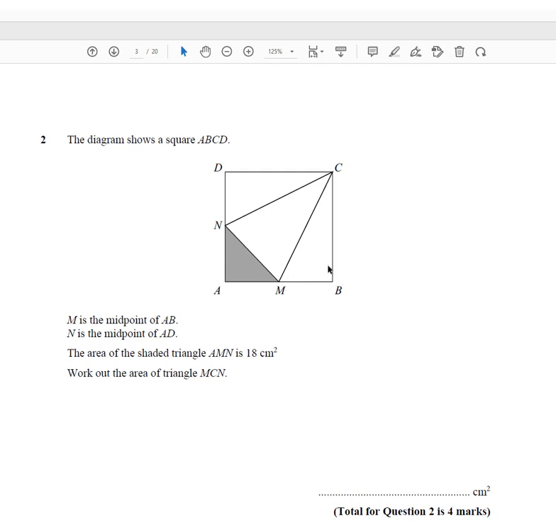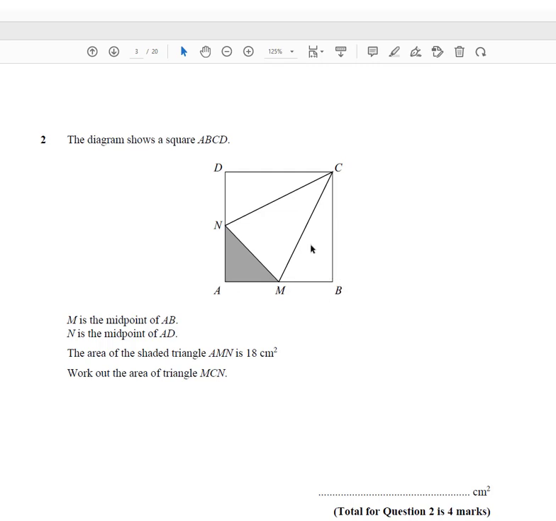Now, how many of these big triangles, this one here and this one here, which are the same, would you need to make this whole square? Here's a triangle here, put another one there, and so on. So how many of these triangles would make the whole square?